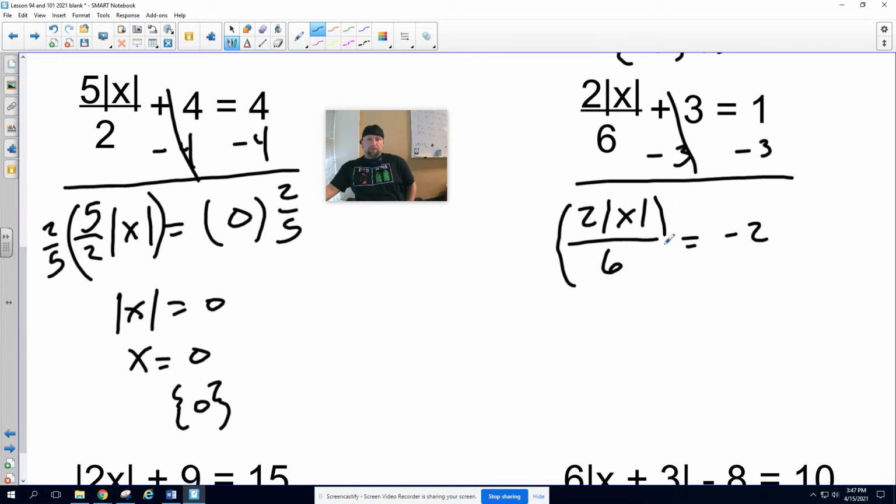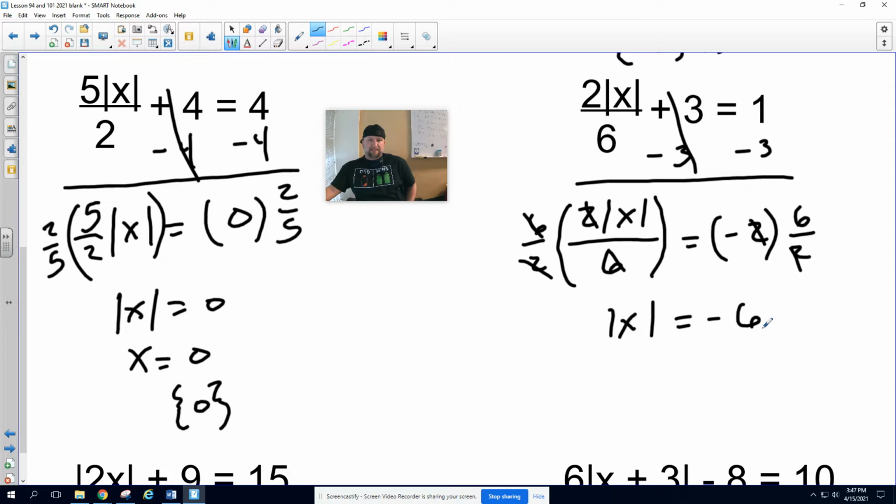Here we can go ahead and multiply by 6 over 2 on both sides. So the 6's cancel out, the 2's cancel out, and we have the absolute value of x equals negative 6. So this is not possible, so there is no solution. It's the empty set. Or you can write no solution.